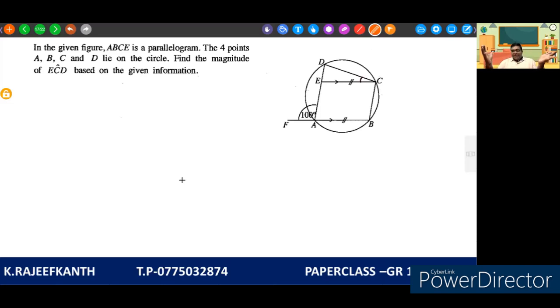In the cyclic quadrilateral, we know that opposite angles are supplementary, and also we know that the exterior angle is equal to the interior opposite angle. So by using that, we can find the magnitude of angle ECD.